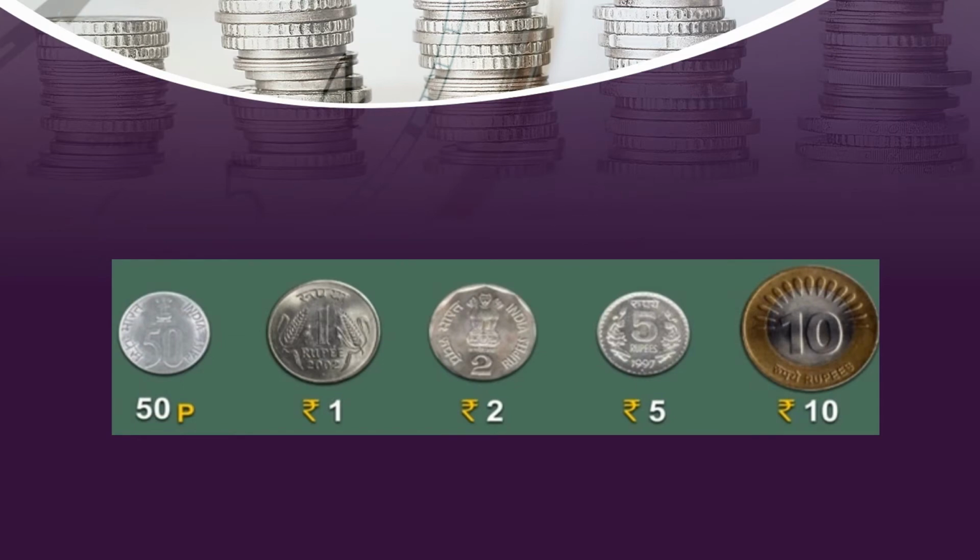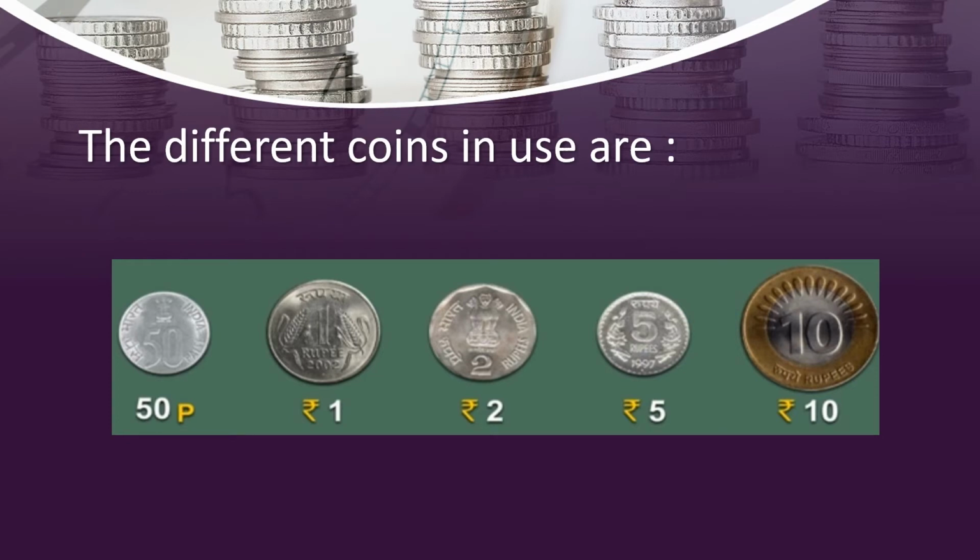Today, the different coins in use are 50 paise, rupee 1, rupees 2, rupees 5 and rupees 10.